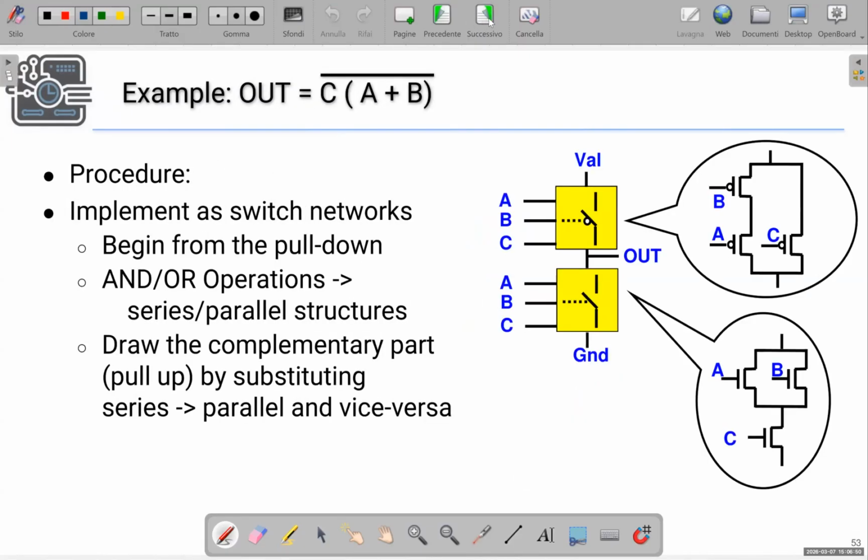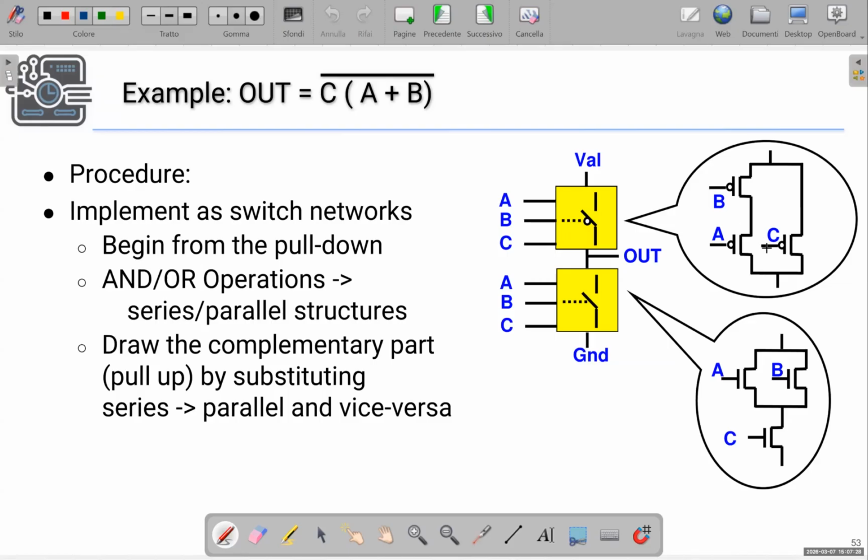We cannot implement all possible logical functions with a single gate with a pull-up and pull-down network. It's not possible to implement any function since we have this limitation that the NMOS transistors are only active with signals at the high logic level, and the PMOS transistors are active with signals at the low logic level.